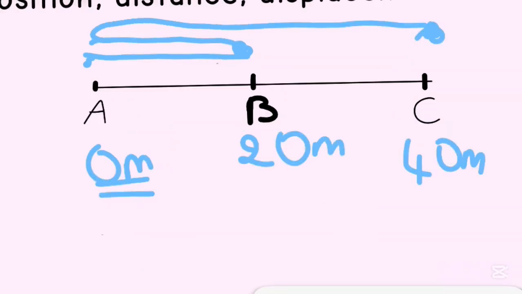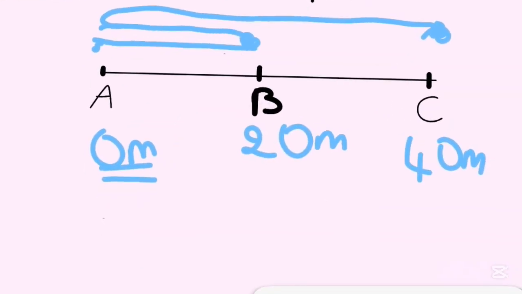So first of all, you went from A to B, okay? A to B, that's 20. And then from B to A, you repeated that length. You covered that length again for the second time. That's 20 again.